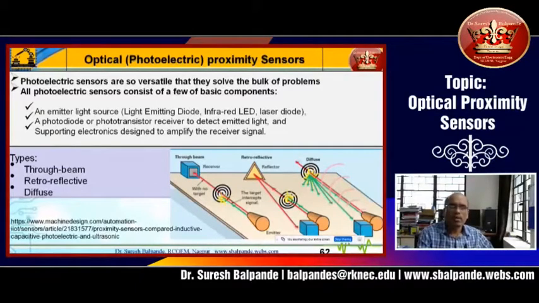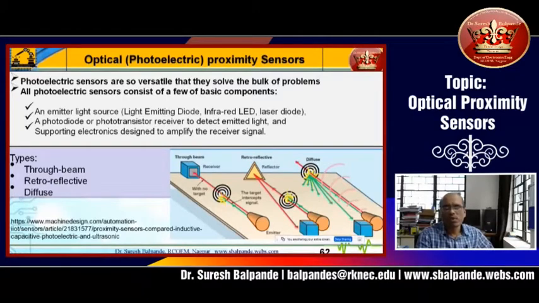Now, as far as proximity sensors are concerned, we have already completed two types, capacitive and inductive. And this is the third type, that is the optical proximity sensor, also called the photoelectric proximity sensor.